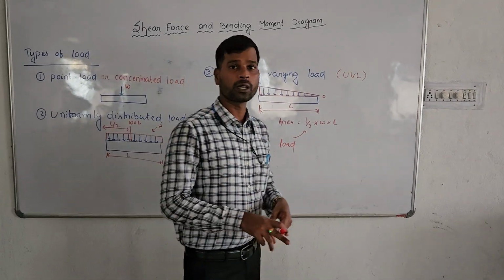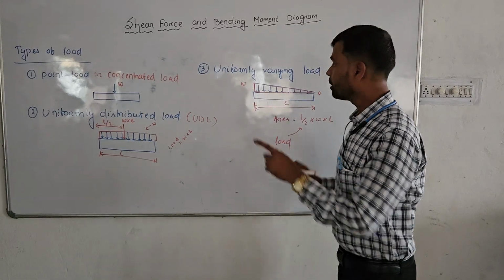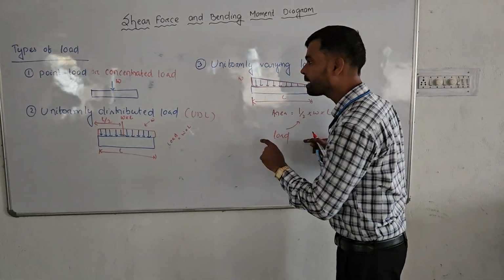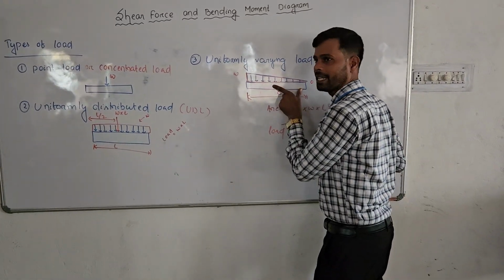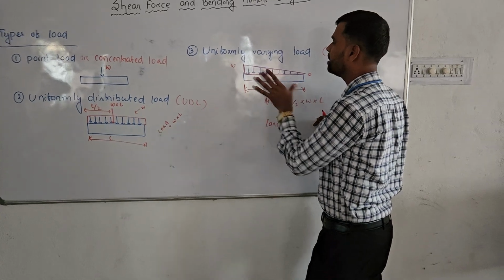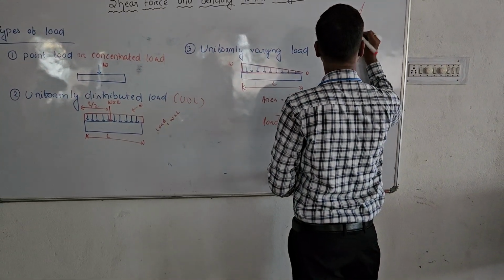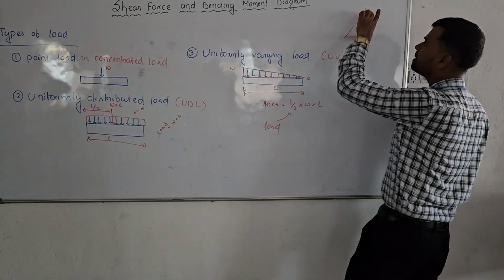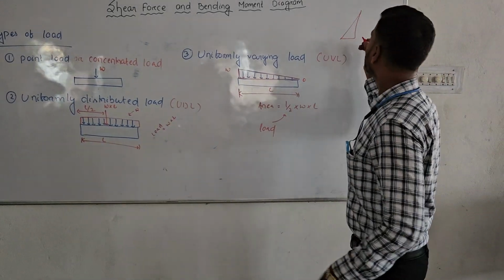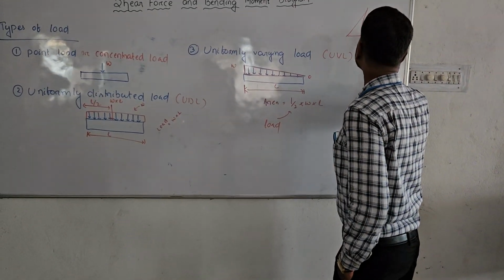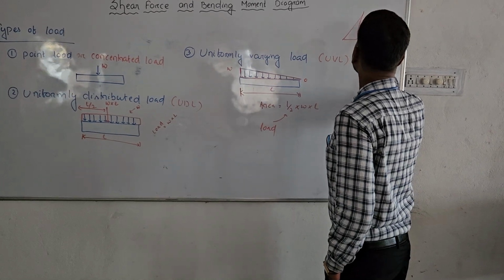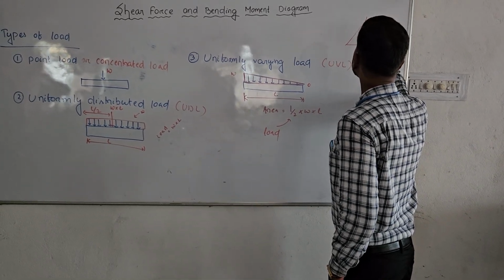As it is a point load, definitely it will act at some point. So at which point will it act? It will act at the geometrical center of this triangle. If you see this triangle in this manner, this is the base and this is the height. Where will the center lie? The center will lie 1/3 from this side or 2/3 from this side.